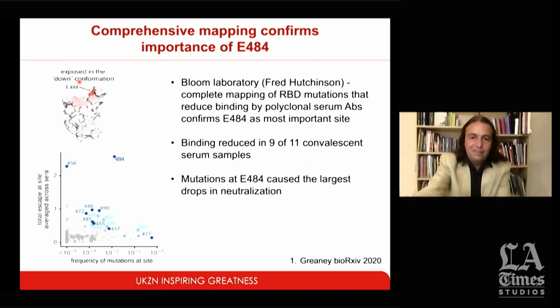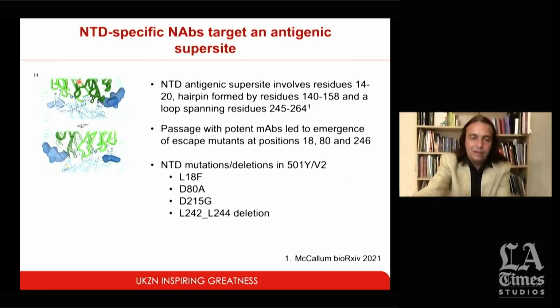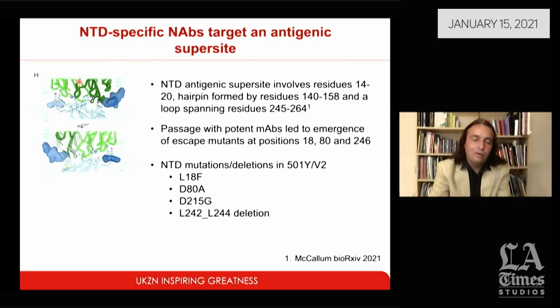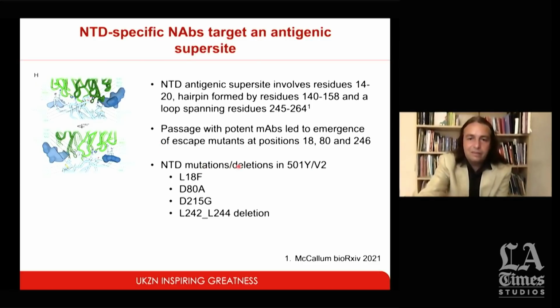So again, all this evidence has been building in the last week of this mutation being very important. But we want to highlight that today another preprint came out about the N-terminal domain, showing that a lot of the mutations in 501V2 and also in V3, the one found in Brazil, also have the 18F, the 484K, and the 501Y.